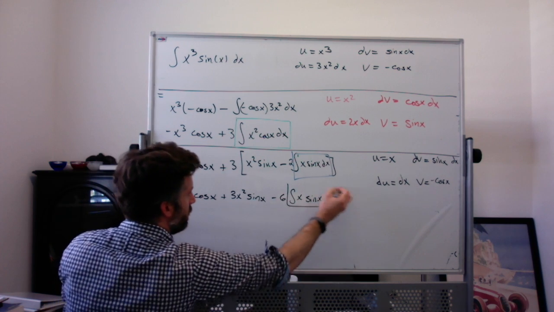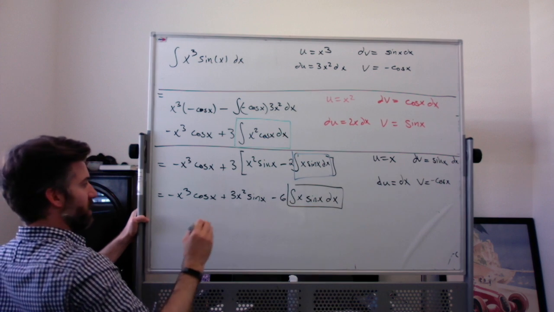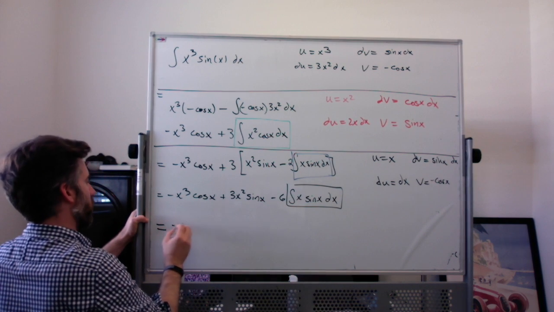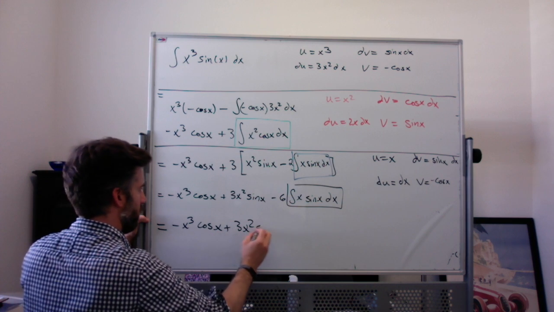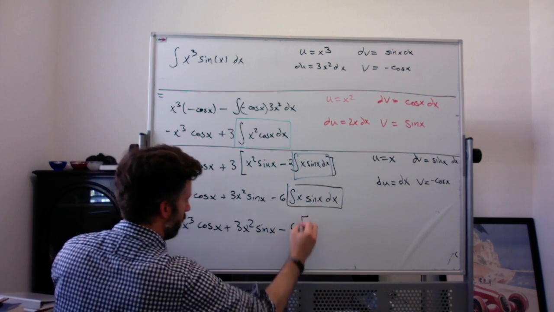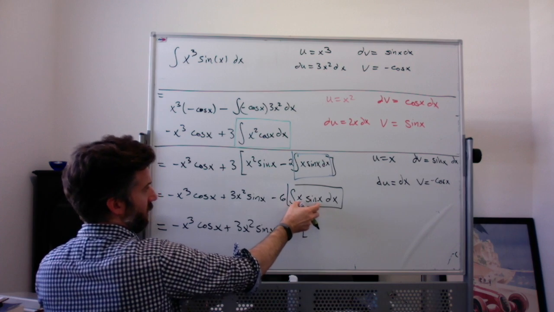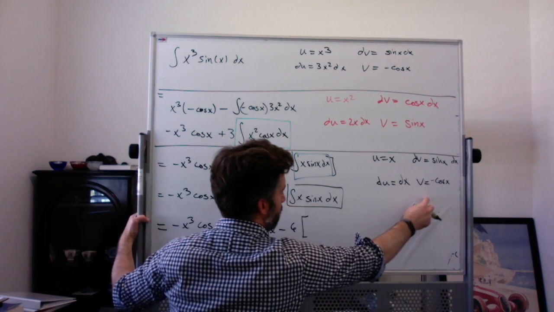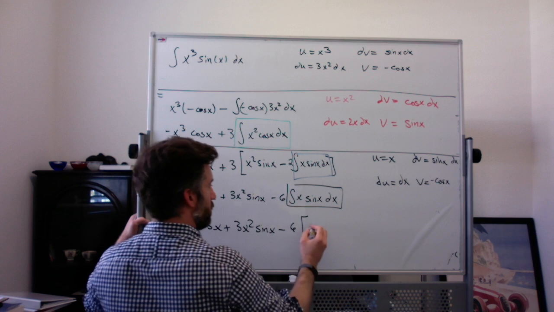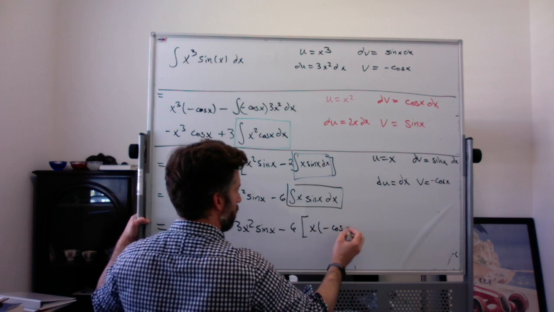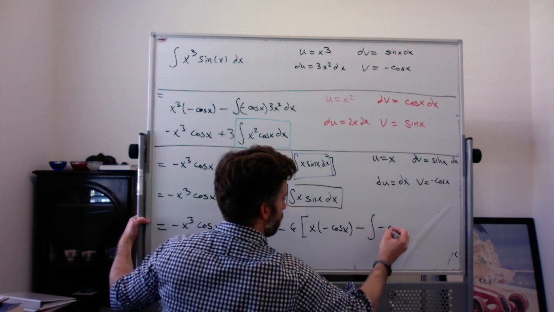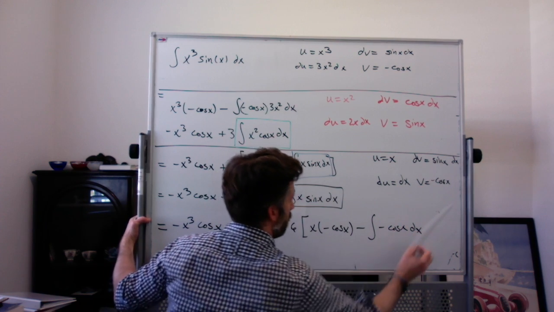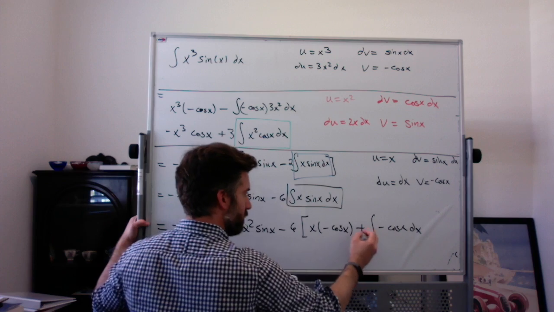Now I'm doing this, and that's just the whole new uv minus the integral of v du. Whew, okay, so it's negative x cubed cosine of x plus 3x squared sine of x minus 6 times the integral of x sine of x, which is uv minus the integral of v du. So it's x times negative cosine of x minus the integral of negative cosine x dx. Minus and minus is a plus.